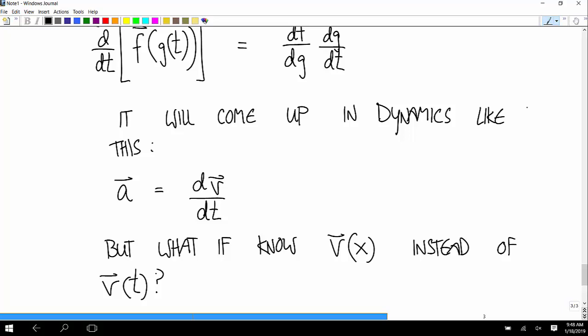Okay. I mean, acceleration is not dv dx, it's dv dt. So if this is all we know, and that would come up in any kind of energy analysis, you get your velocities as a function of position. At first glance, you would think there's nothing you can do.